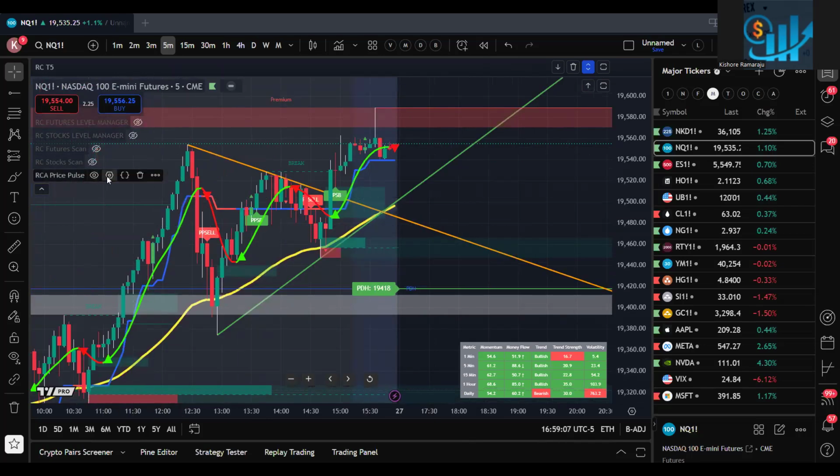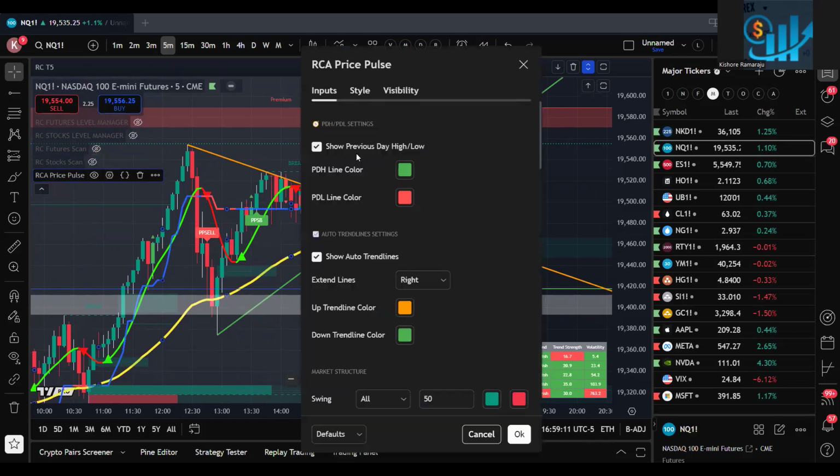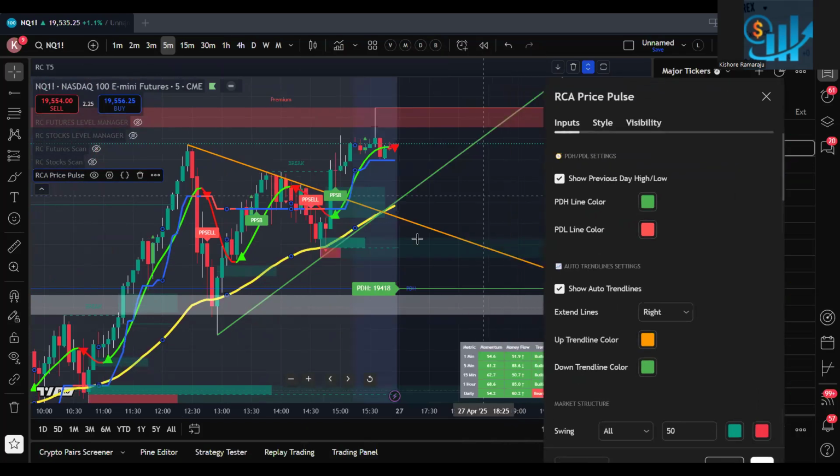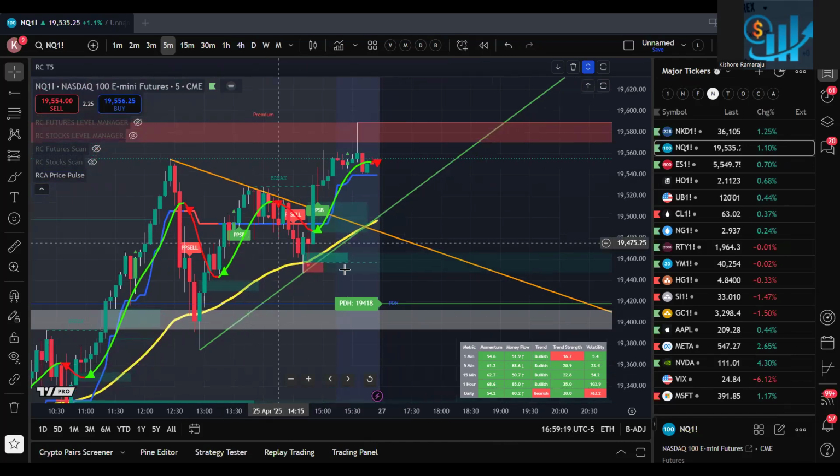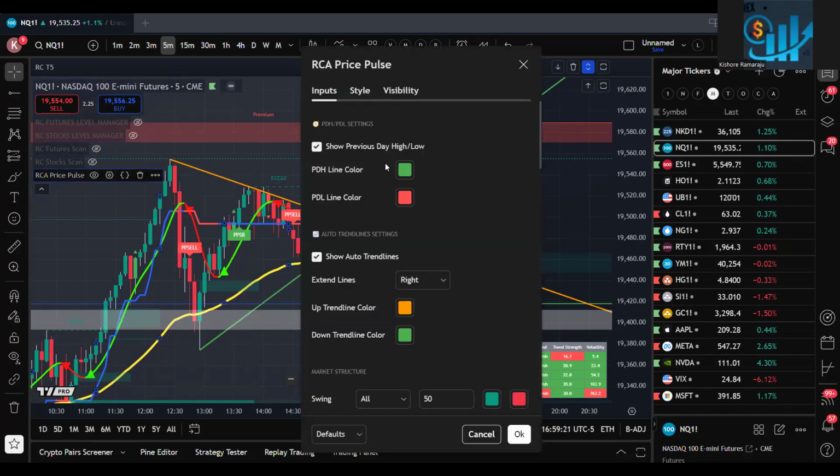The first change: some of the members said that sometimes the previous day high and previous day low are obstructing the view. So you can always go and enable or disable that. Then it's the same thing with auto trend lines. Some of them are getting confused with those orange and green lines. So it is up to you.